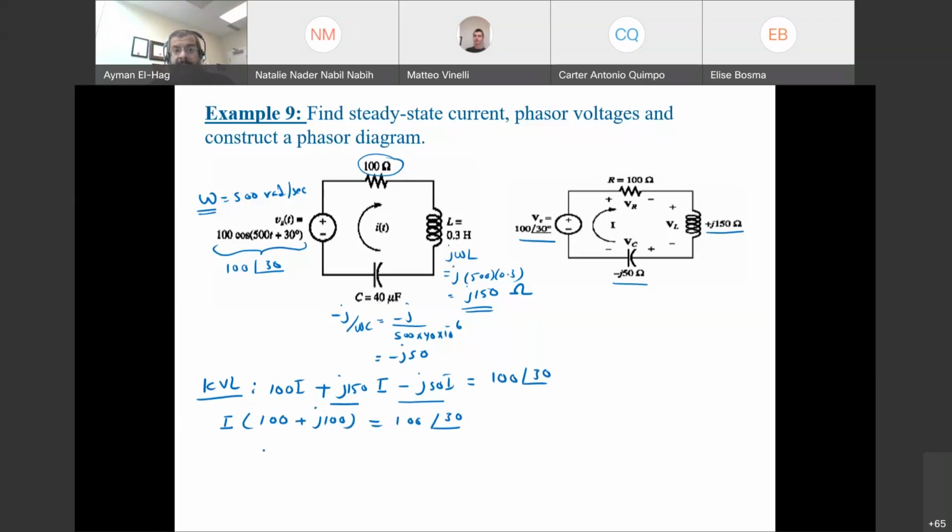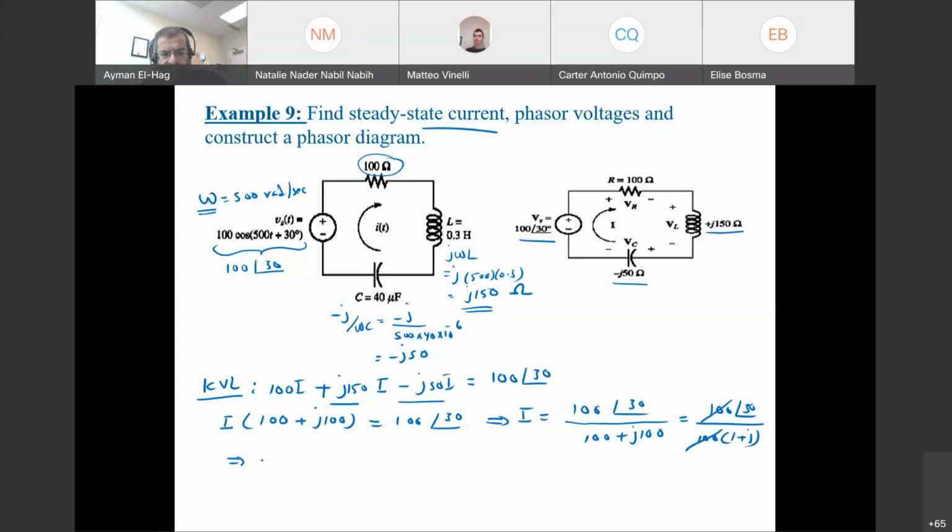From this, remember, the first thing we want to find is the current. We can say that the I is equal to 100 angle of 30 divided by 100 plus J100. We can simplify a little bit here. So this becomes 100 angle of 30 divided by, I will take this 100 as a common factor, 1 plus J. So this will cancel.